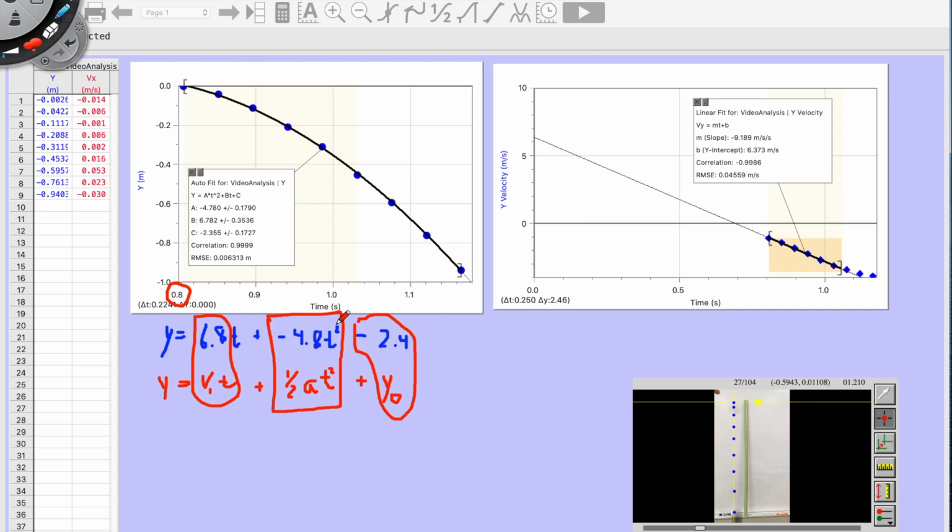So here's the thing. Our t squared term is the same, right? So what that tells us is that 1/2 of the acceleration, which in this case is g, is equal to negative 4.8.